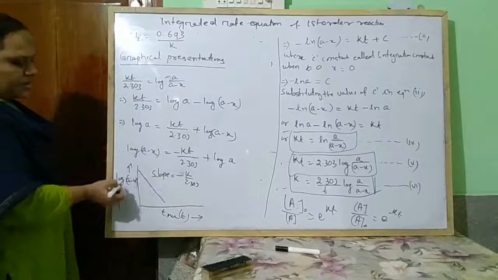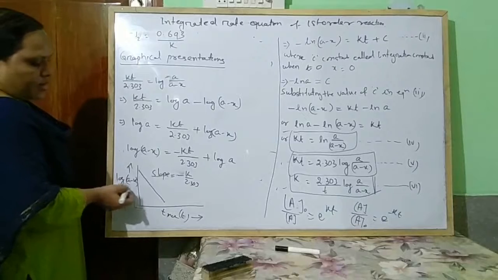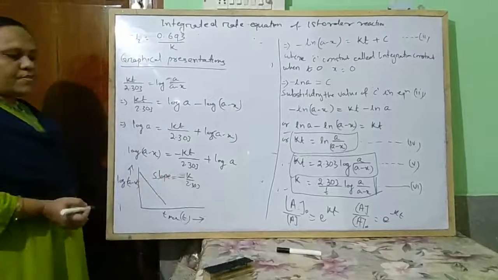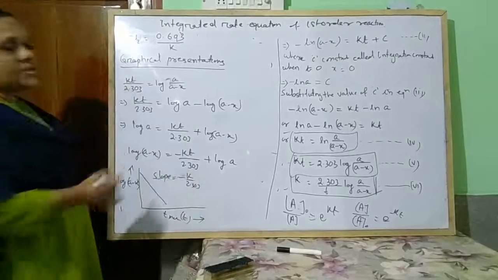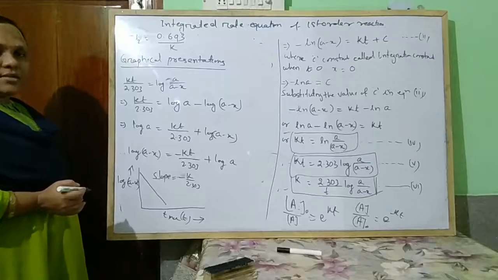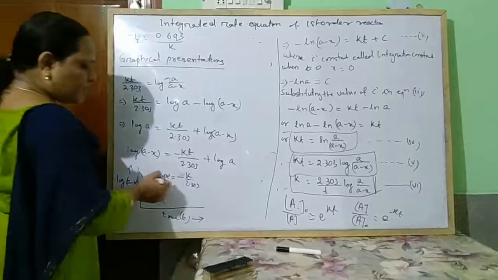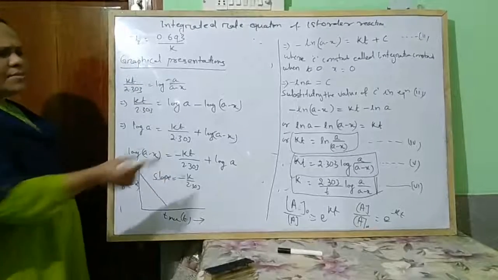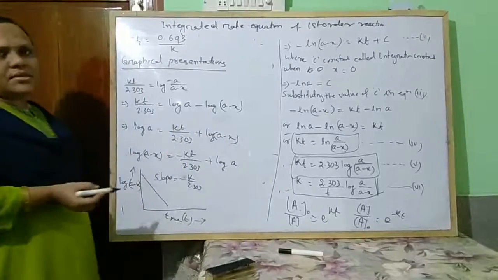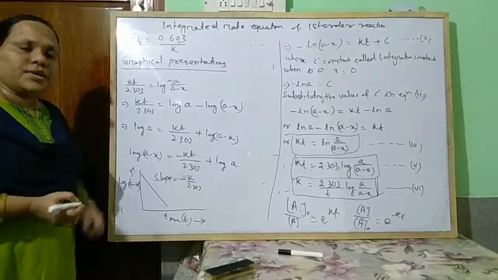So by drawing the graph between log A minus X versus time, we can find out the slope. From that we can find out the value of rate constant k. So the rate constant can be determined from this graph. Okay, and by substituting the concentration term at different times, this value of k can also be determined.